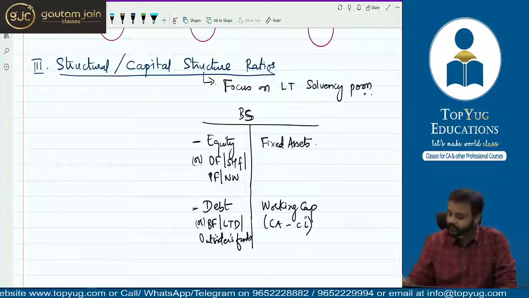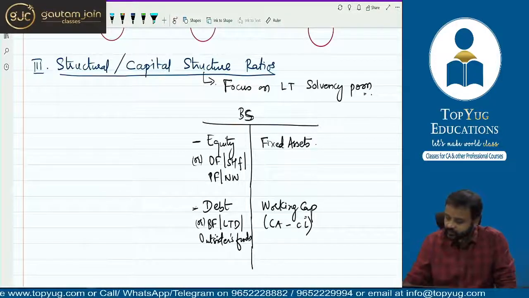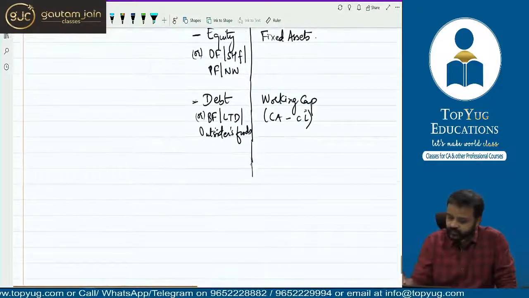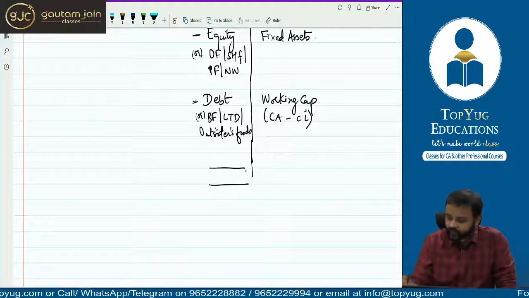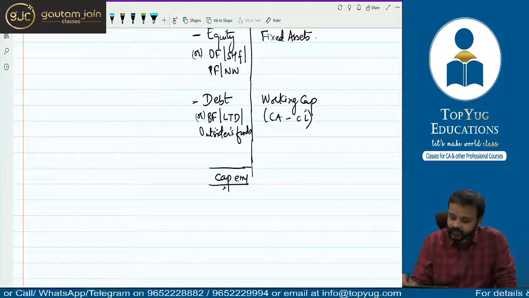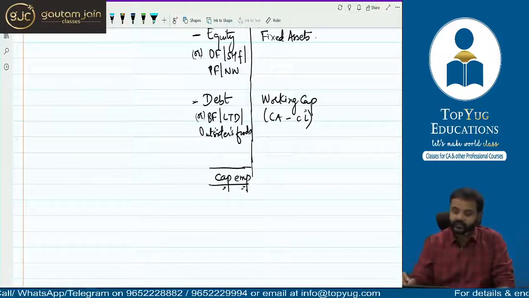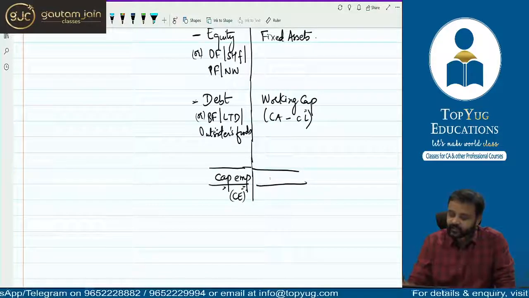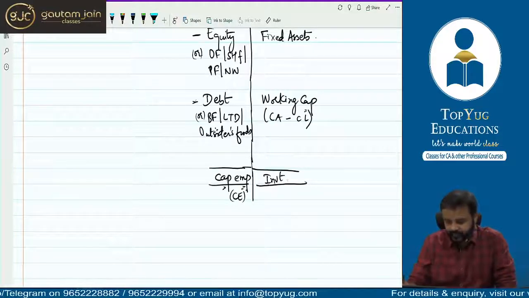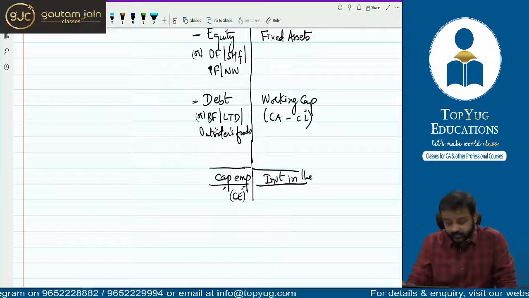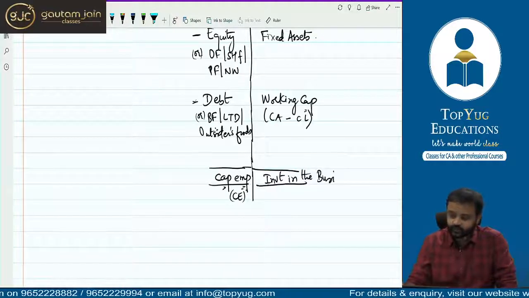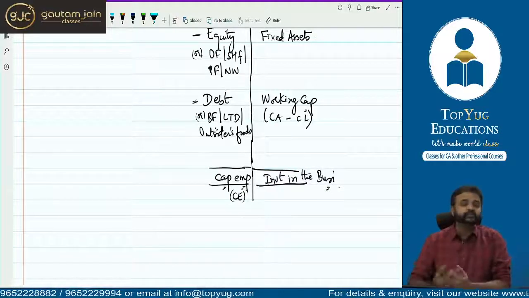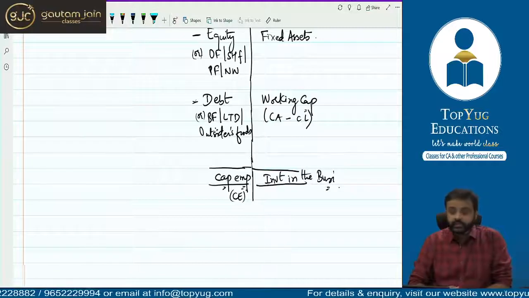The sum of owner equity and debt funds is the capital employed, in short CE. And this is nothing but the investment in the business, obviously the company's business.